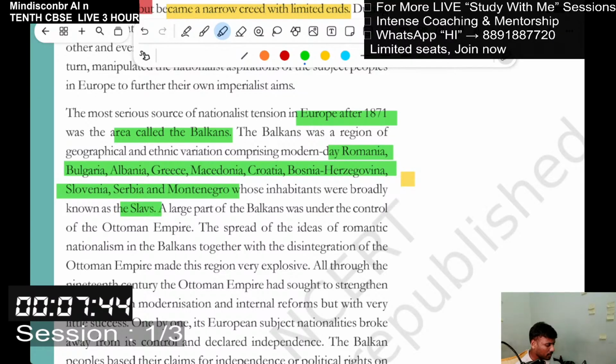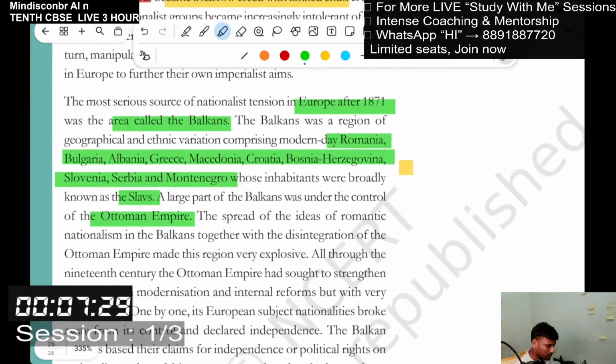A large part of the Balkans was under the control of the Ottoman Empire. The spread of the ideas of romantic nationalism in the Balkans, together with the disintegration of the Ottoman Empire, made this region very explosive.